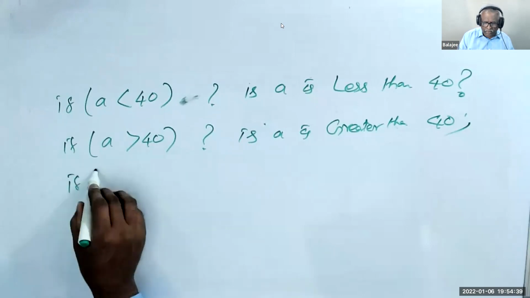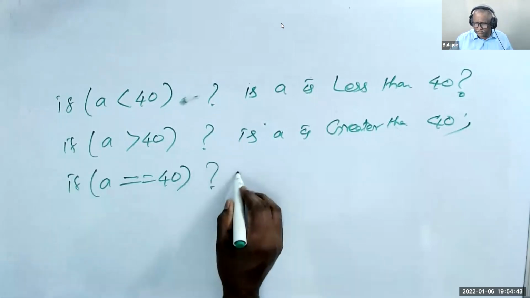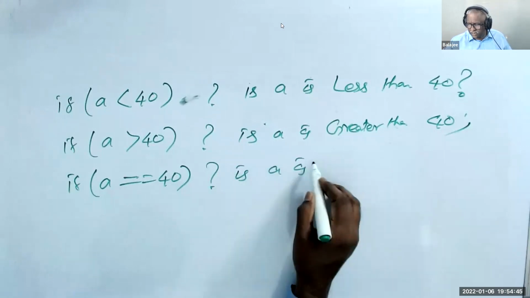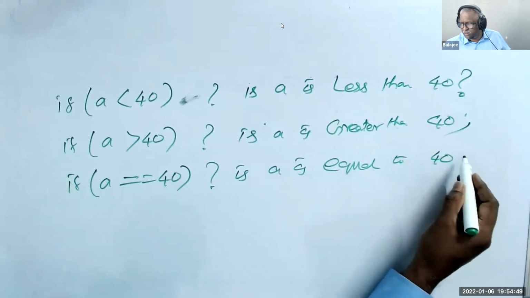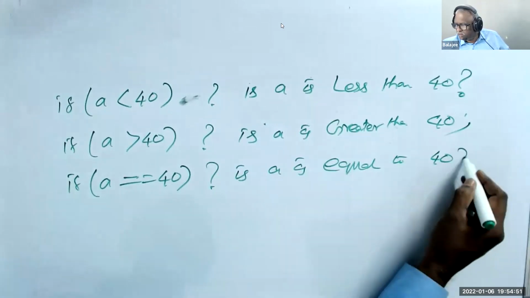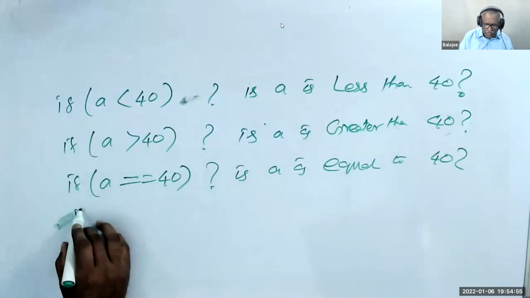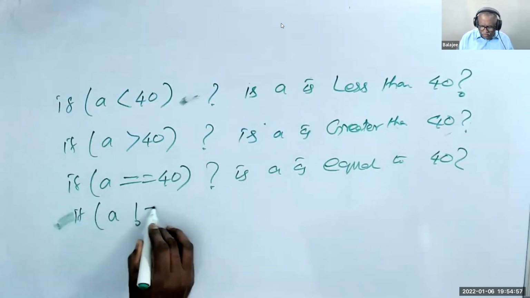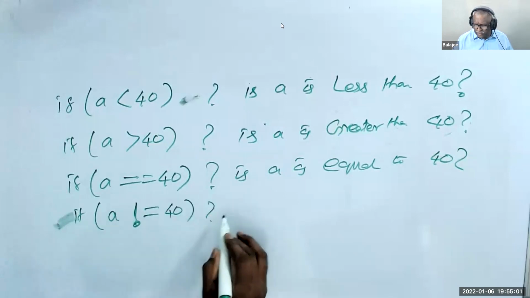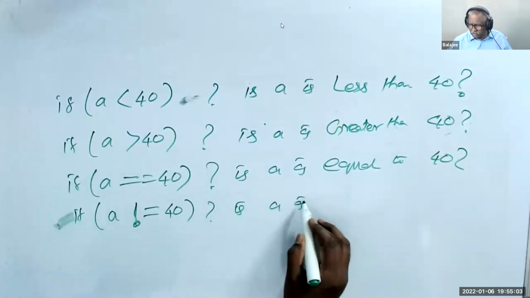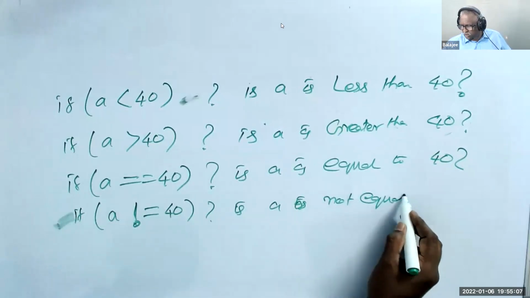If A double equal to 40, see here, I ask, is A equal to 40? If I say if A exclamation mark and equal to 40, we call is A not equal to 40?